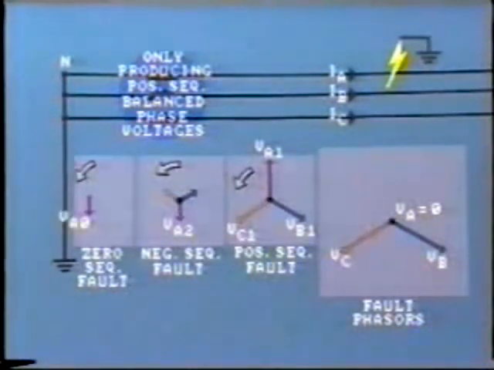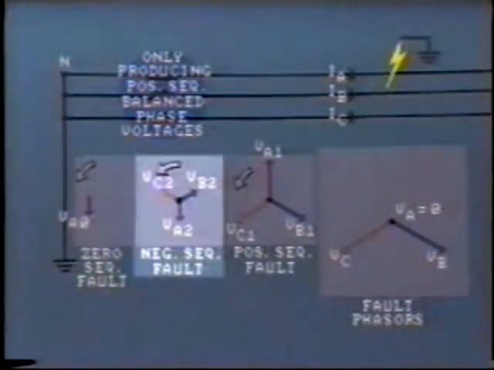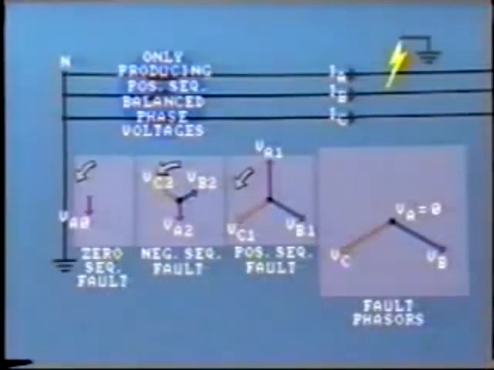Now that we have placed VA2, we can draw in the other two negative sequence voltages, that is VB2 and VC2. We know that these components are 120 degrees apart. They are equal in magnitude and rotate with the phase sequence ACB. Now let's look at the B phase components. We know that this phase voltage VB remains unchanged.